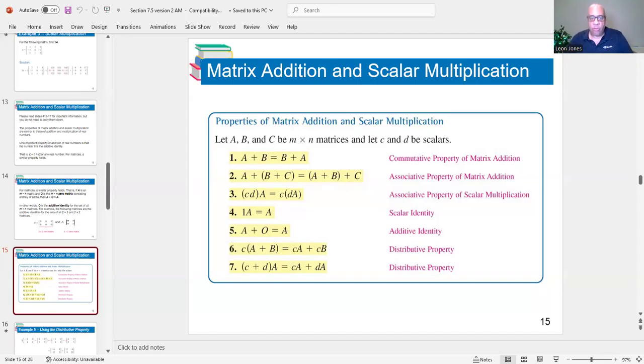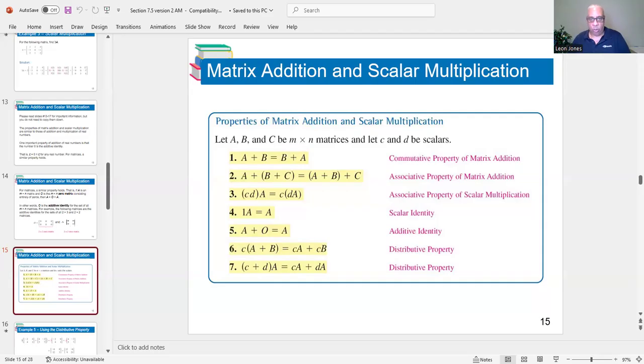Well, you also have the distributive property. Now, you see a lot of these properties in algebra, and these are very basic, where I have c times the quantity a plus b in parentheses. Well, when I use the distributive property, what am I doing? I'm distributing c into the operation of addition. This is where I get lowercase c times a plus lowercase c times b.